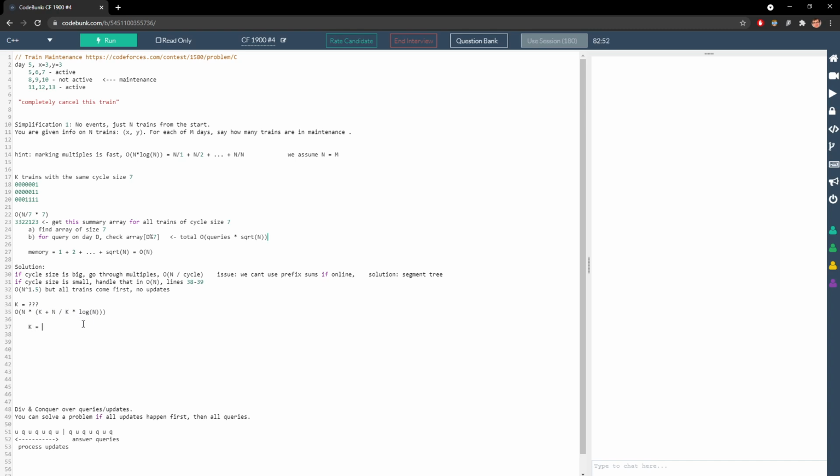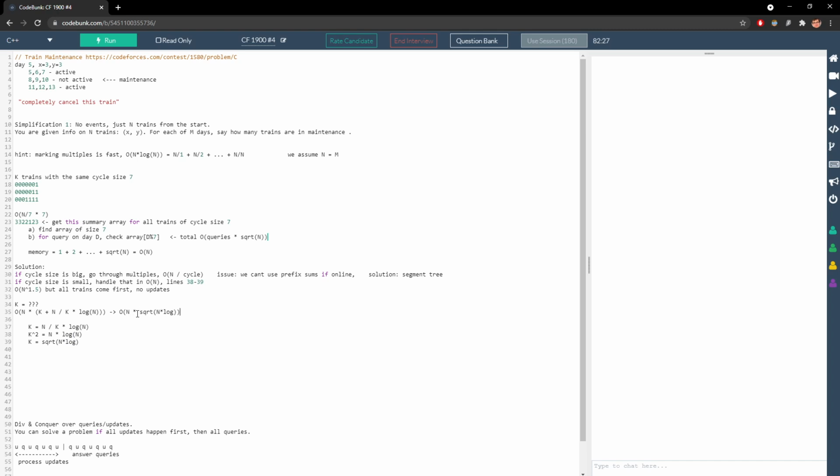If you want those two to be equal, you can compute from this that k squared needs to be equal to something. So k is equal to square root of n times log of n. I will just say n times log, but it's logarithm of n. And then the time complexity improves to just n times square root of n times log, where log is still below the square root. It's a small improvement, but it will give you, I don't know, 3 times better running time. Nice trick, and it's a very common trick.